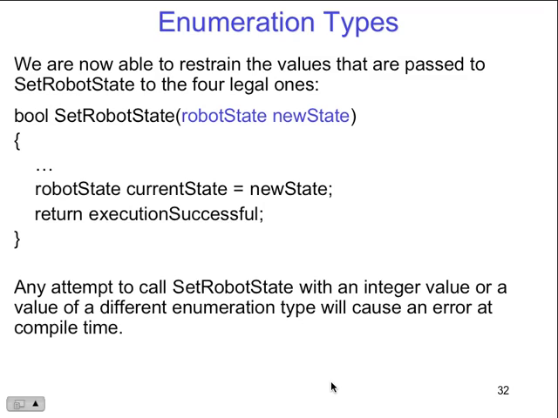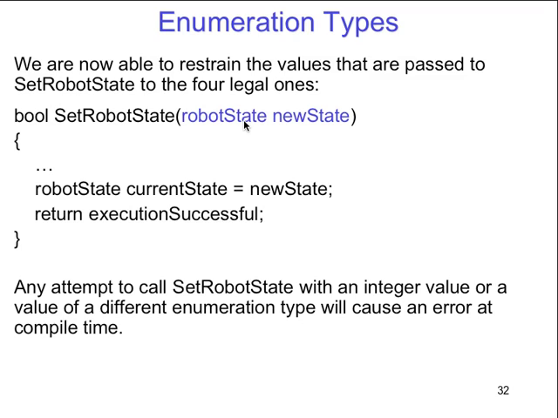But we're now able to retain the values, and we can pass the robostate to the 4 legal ones. So bool set robostate. We're using robostate as the data type now instead of integer, new state. So we can use it as a data type. We've created our new data type, and we've created a new type as an enumeration data type.